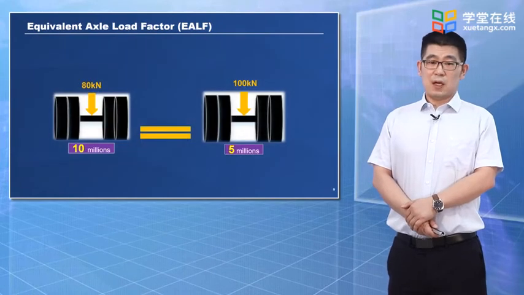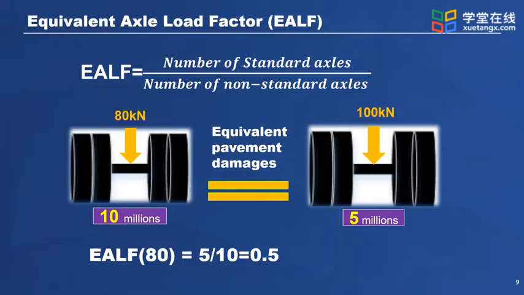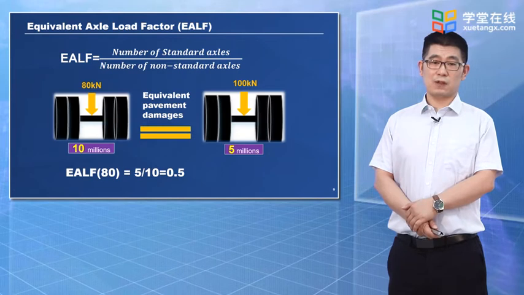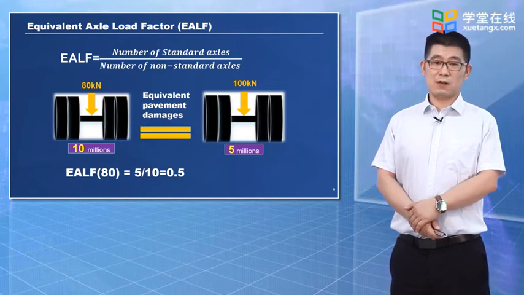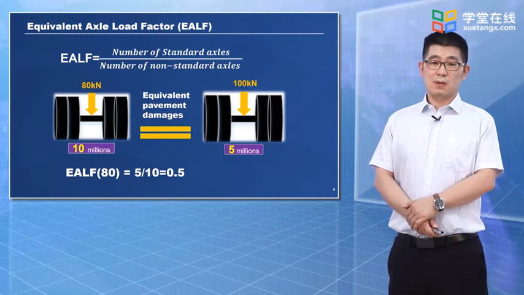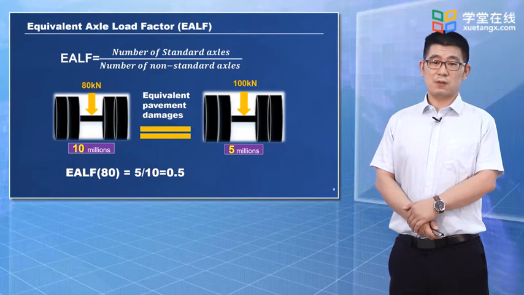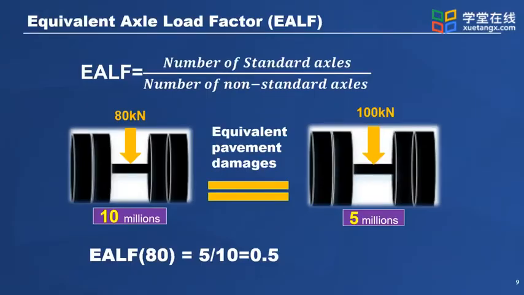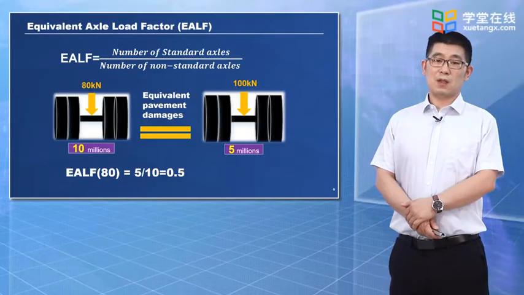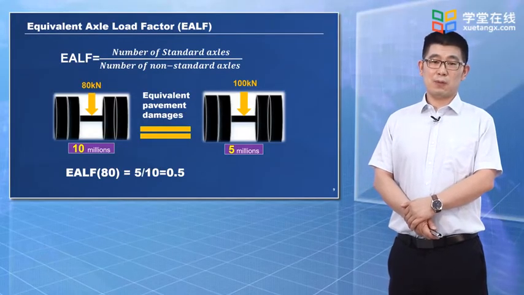Road tests are conducted on identical road structures with different loading conditions. One is the different loading of non-standard axles, while the other is the standard axle. When the pavement structure was damaged to identical degrees, the traffic data was collected. ELF was calculated as a dimensionless parameter: the number of standard axles is divided by the number of non-standard axles.